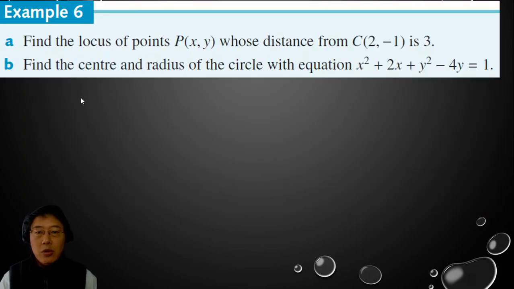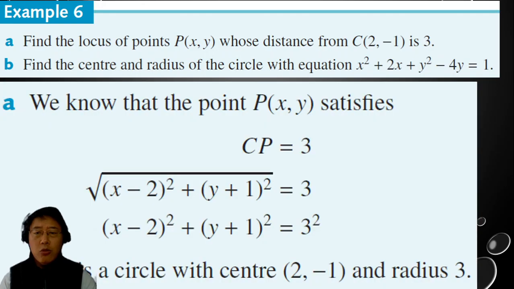First example, I'll do one example, example 6. There's a few other examples I skipped. You will have a look in the Cambridge textbook. Example 6. Find the locus of point P whose distance from C of the coordinates is the constant. So you write your distance CP equals 3.